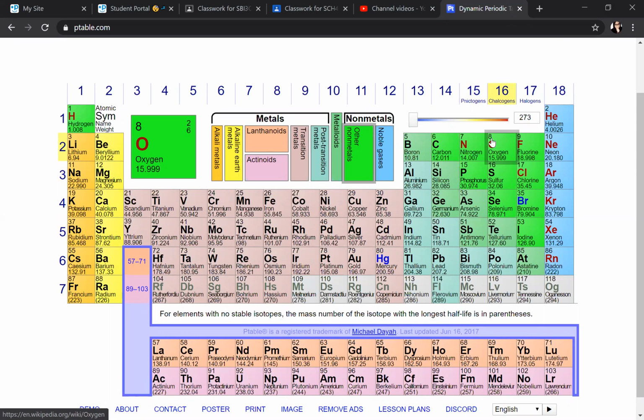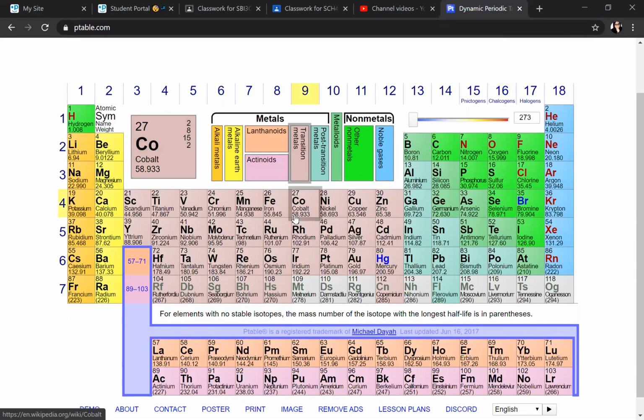So this is the atomic number for oxygen, but it has a mass number of 15.999. Now, you wouldn't write down the atomic mass as 15.9. Instead, you could just round up to 16. And then you just do the math, figure out your number of neutrons.